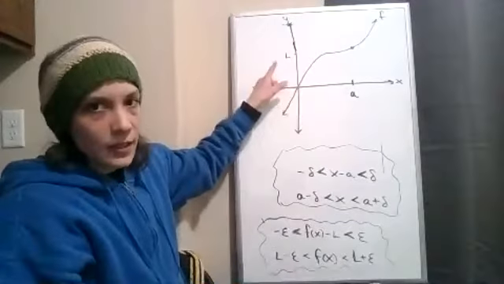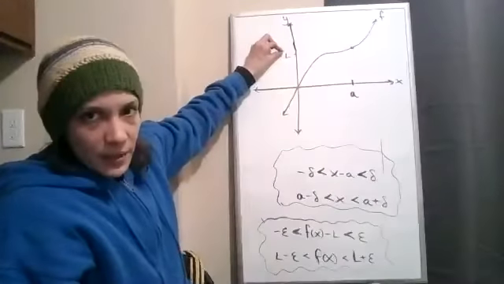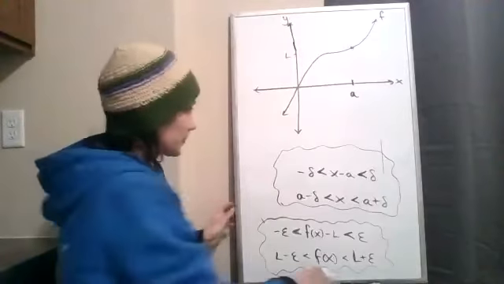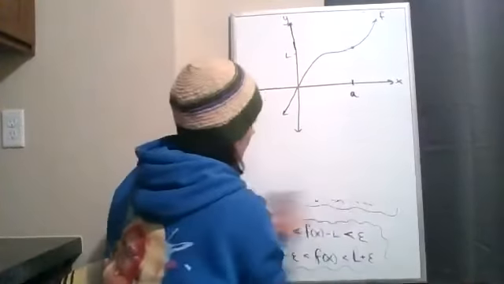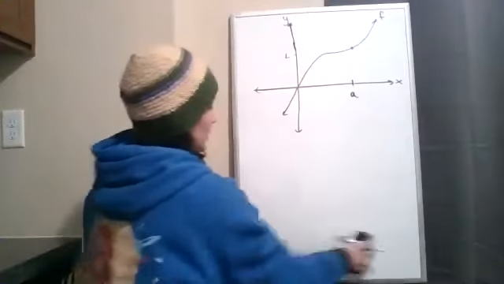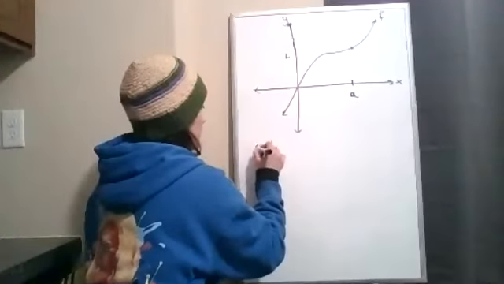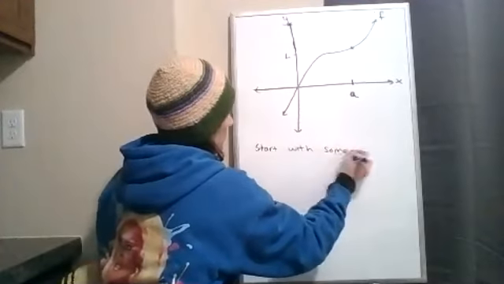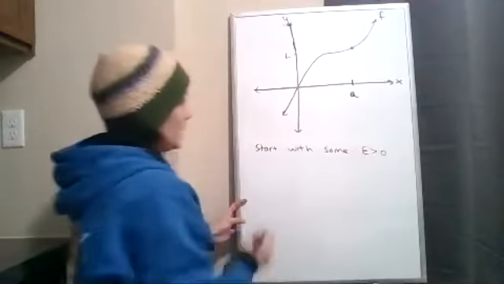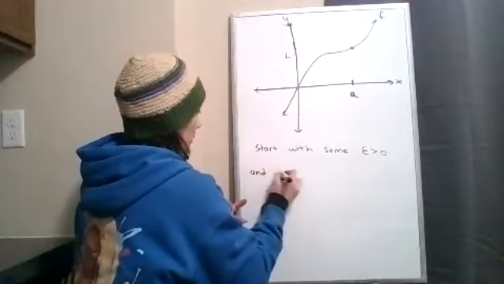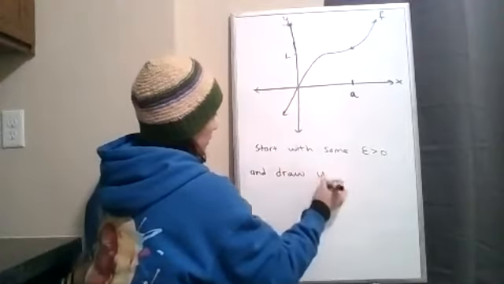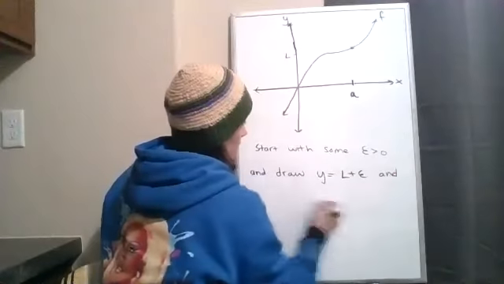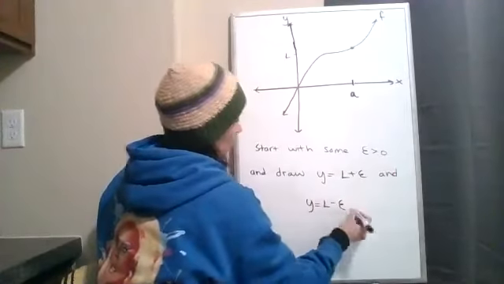Okay, to prove it, we'll start with the positive epsilon and go L plus epsilon and L minus epsilon. So we'll start with some epsilon greater than 0, and L plus epsilon and L minus epsilon.